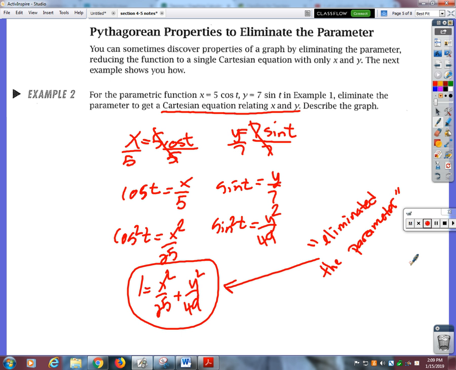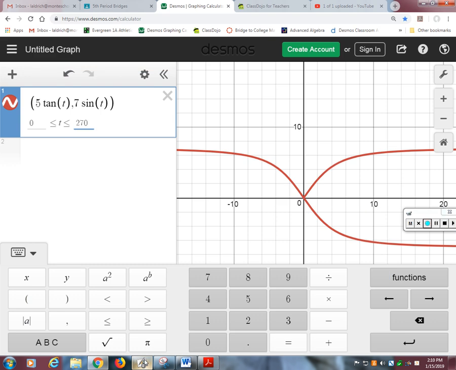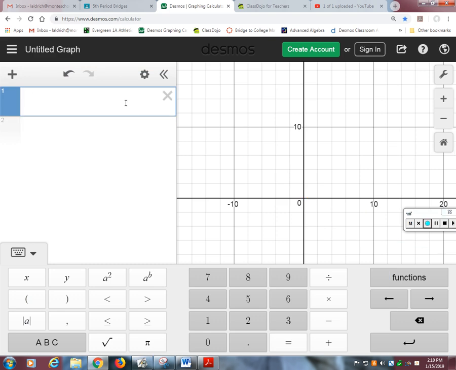So now I have this in terms of x and y because I used the fact that sine squared plus cosine squared equals 1. Now that I've done that, if I wanted to, I could come back here and graph that instead of doing the parametric thing.